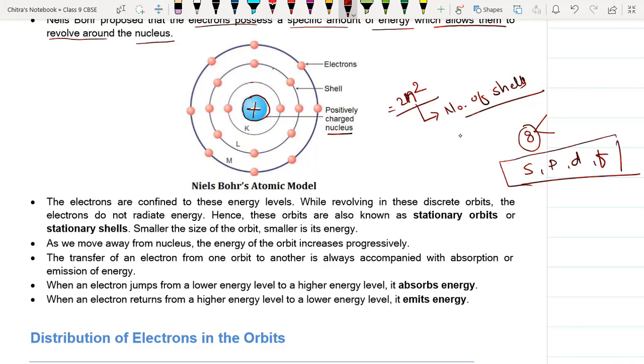In the electronic configuration, we'll use that, sir. Yes, from 11th class onwards, you will learn how to write electronic configuration by the subshell model like s, p, d, and f. Suppose we have a carbon atom. Carbon has atomic number 6.